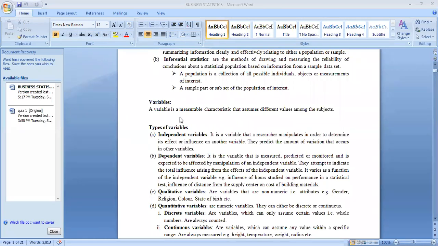A variable is anything that can be measured. Age is measurable, it can be the marks, the distance, the profit. All those things that we can measure mathematically or quantitatively are known as variables.